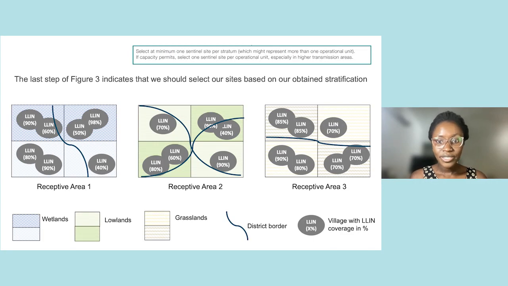Therefore, when the epidemiological, ecological, administrative, and long-lasting insecticide-treated net coverage strata are overlaid with each other, we obtain at least 12 strata of combined characteristics such as high transmission, wetland, and high coverage of long-lasting insecticide-treated nets, or low transmission, grasslands, and medium, long-lasting insecticide-treated net coverage.